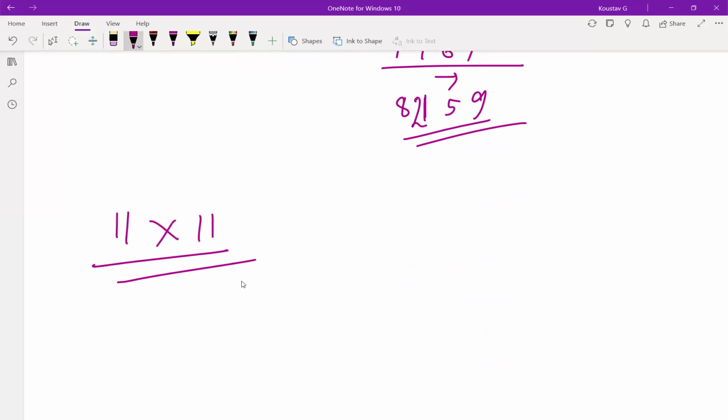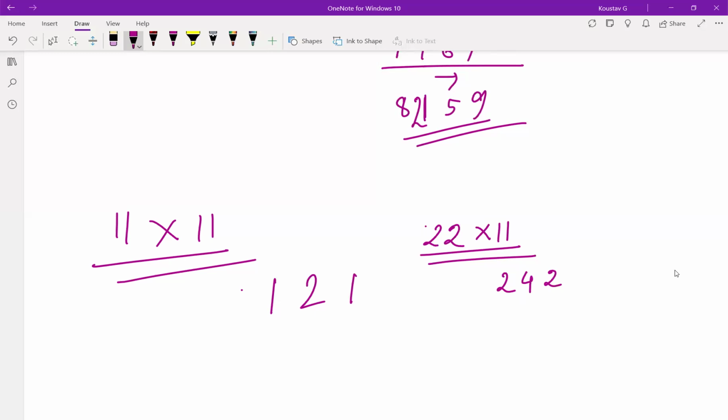What do you do? Write it in that way, then just add: 1 plus 1 is 2, so 121. Whenever suppose 22 multiplied by 11, it is 2, 4, 2.